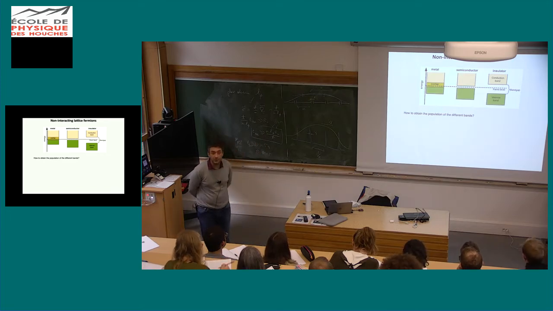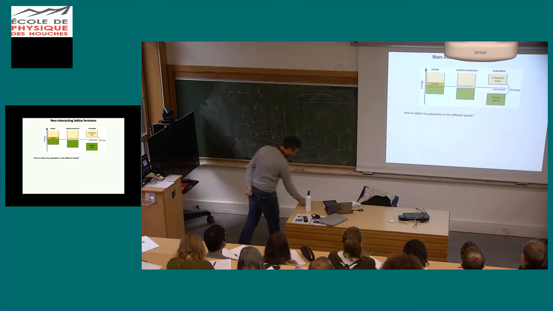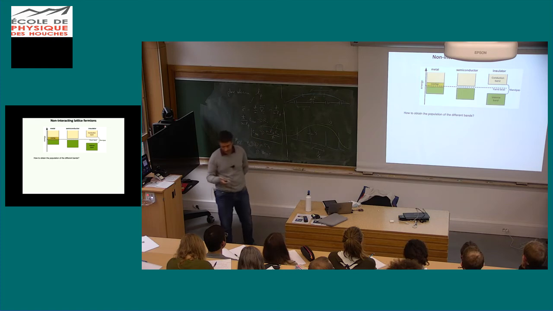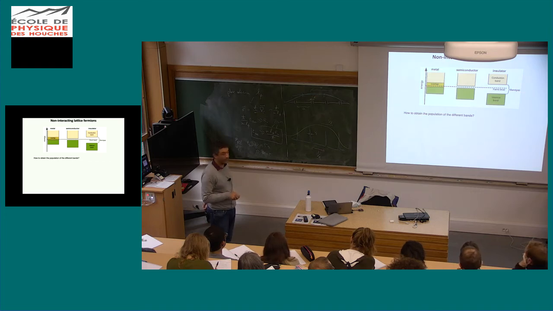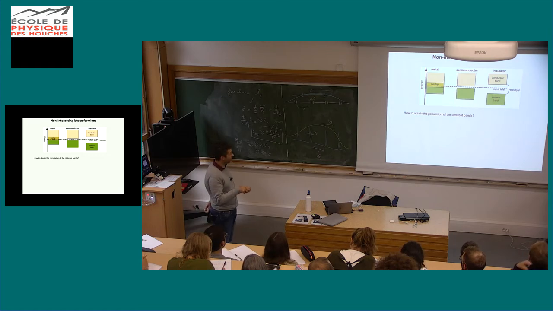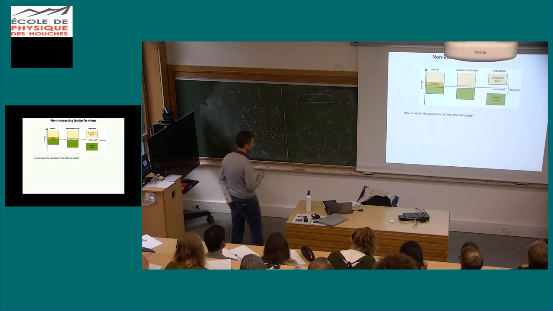What about fermions? Well, you know that we have the Pauli principle and we fill up bands. It will depend a bit where the Fermi level is: if the Fermi level is within a band, you have some metal, or if the Fermi level is within a band gap between, let's say, the lowest energy band and a higher energy band, then you will have some kind of band insulator.